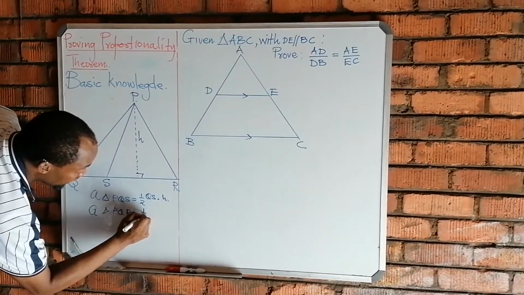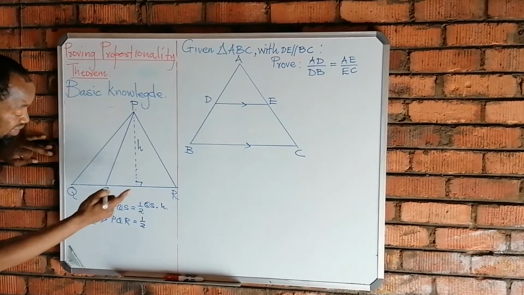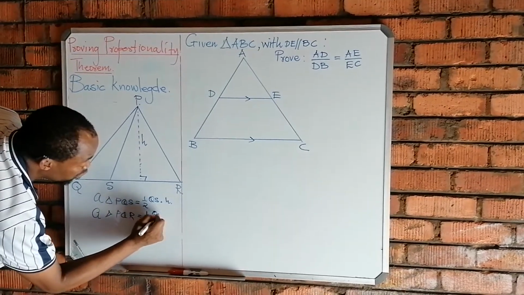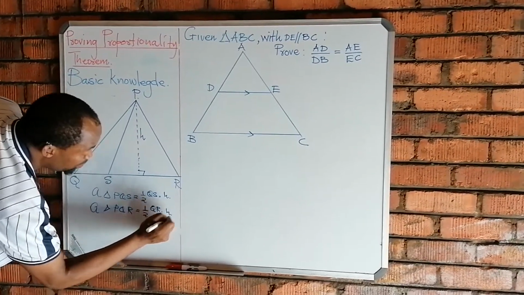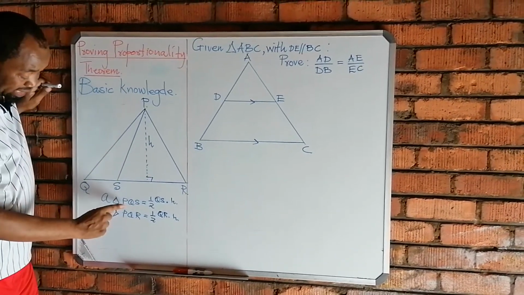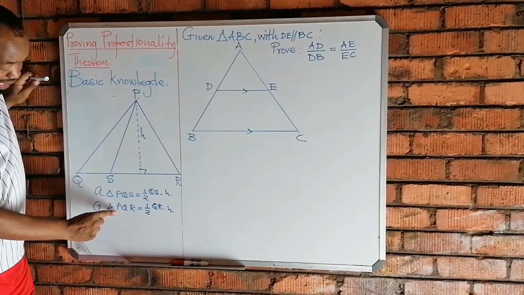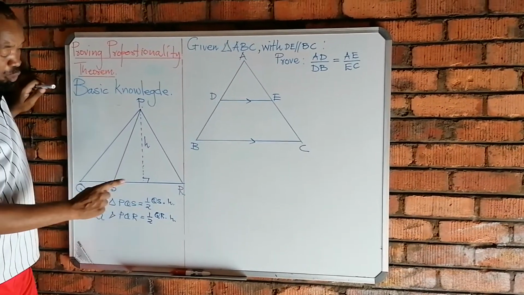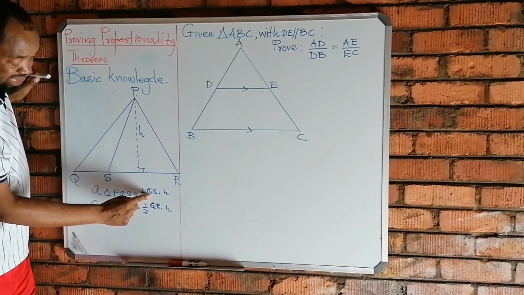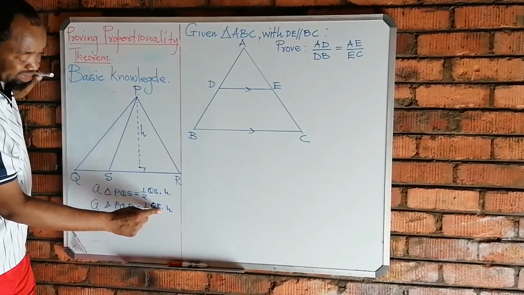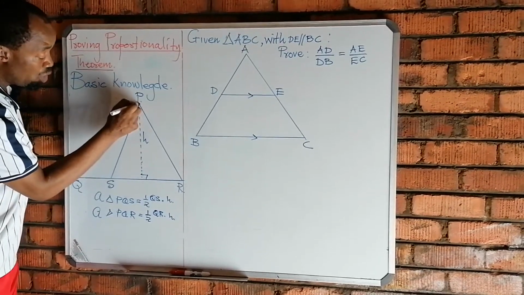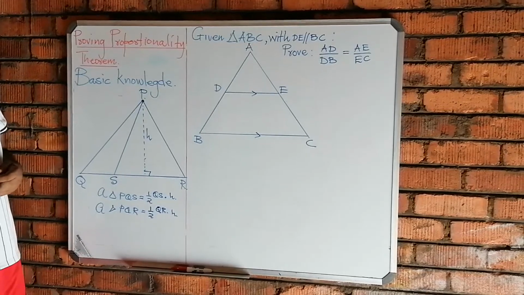Area of that triangle would be half base because the height is that one, it is perpendicular to this side. The base would be QR multiplied by H. You look at this now. We have two triangles, PQS and triangle PQR, with a common height. But now the base here is QS and the base there is QR. What is very important, we have common height with common vertex.